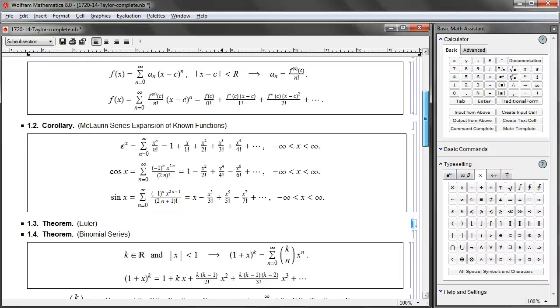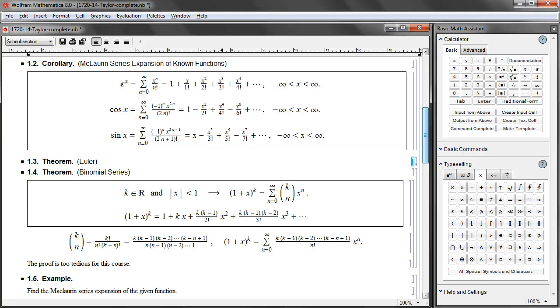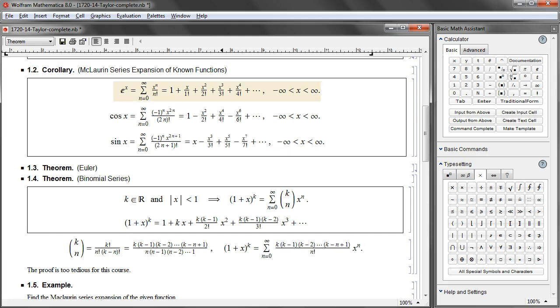Okay, let's now move on to class materials. Binomial series. We talked about the Taylor series theorem, and then some examples of Maclaurin series expansions are here. e to the x power, cosine function, sine function, and then the next example is binomial series, (1 plus x) to the k power, where k can be an arbitrary real number.